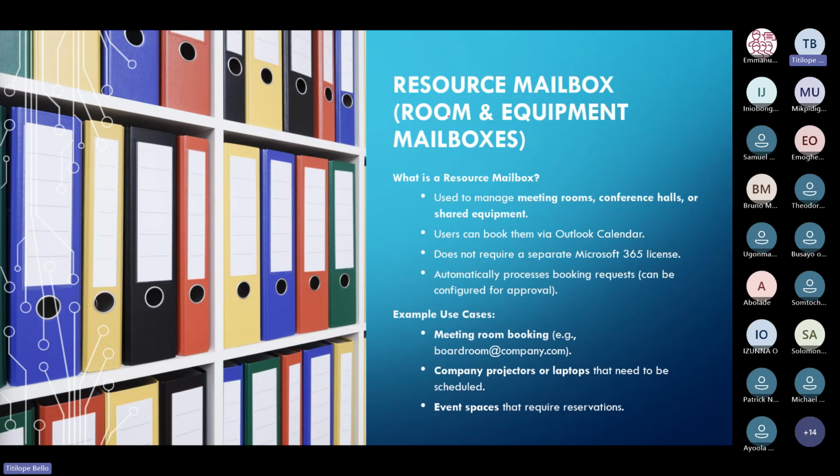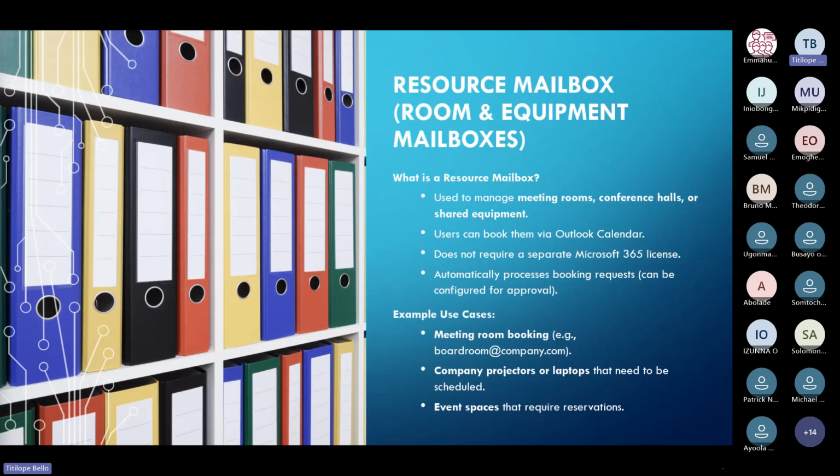For room mailbox, like I said, you have conference rooms. Maybe you have just two conference rooms, and there is one that the CEO always uses most of the time. Now, for the other one that is available, every other group or team or department in the company has to make use of that one. That means they have to know, when they are scheduling a meeting, not to conflict or schedule the same time as each other.